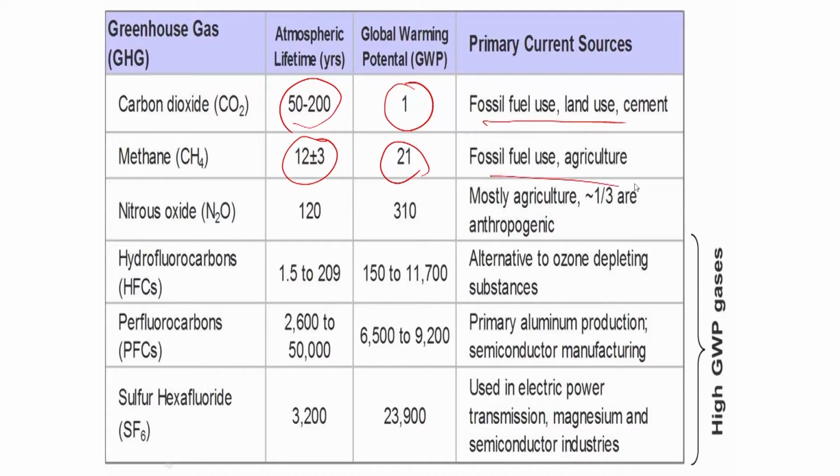We know the sources already, so I won't emphasize that too much. Nitrous oxide has a long time scale and is tremendously powerful as a greenhouse gas. Why do we care? That means once you put these things into the air, they can stay there for a long time.